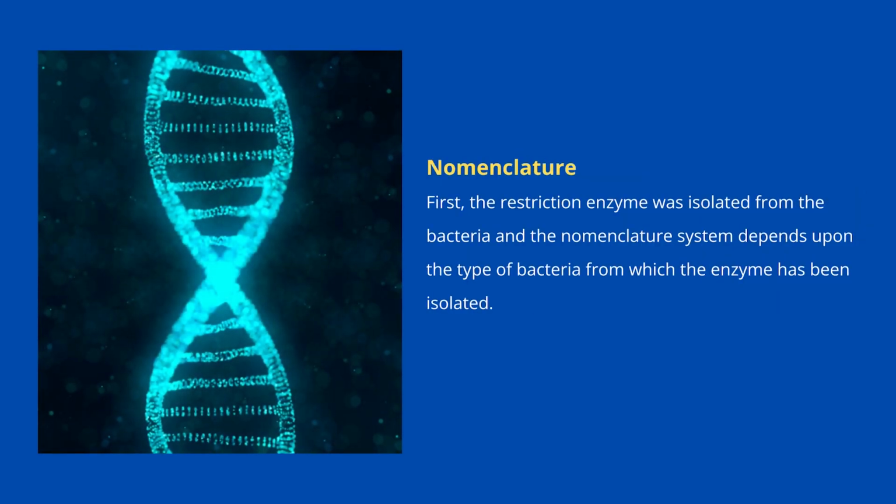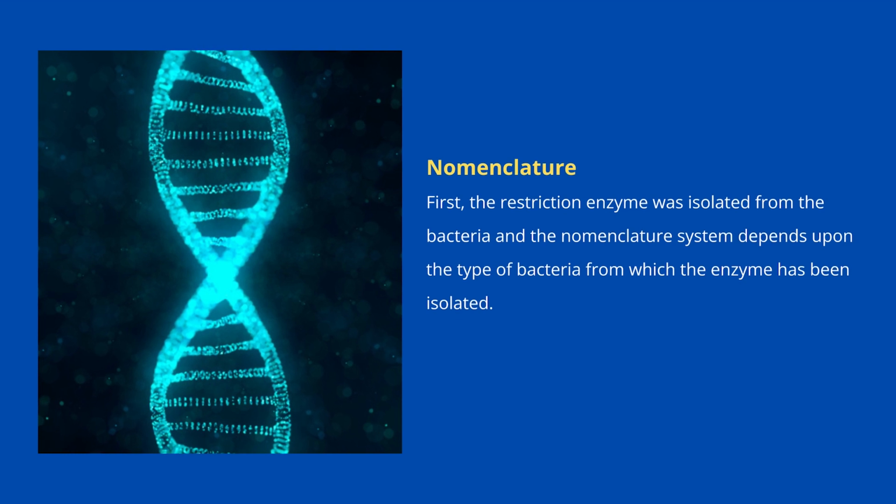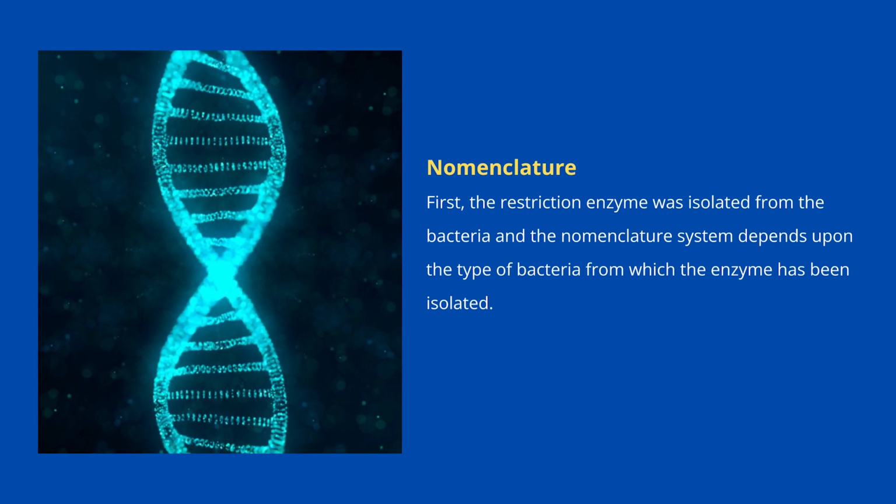Now the nomenclature: how every restriction endonuclease is named. First, the restriction enzyme was isolated from bacteria, and the nomenclature system depends upon the type of bacteria from which the enzyme has been isolated. Let us take an example to see the nomenclature system.